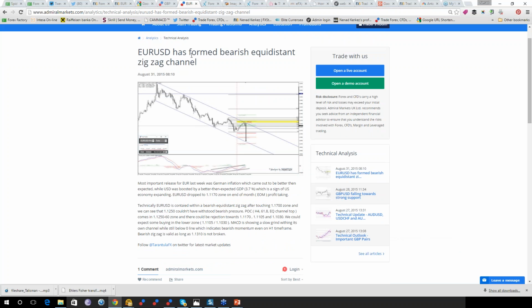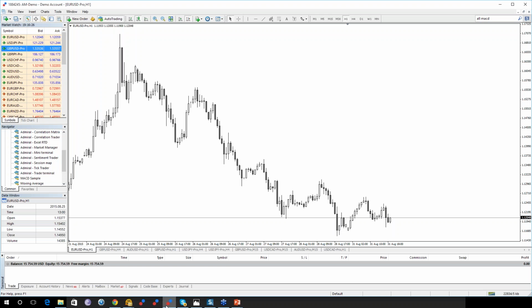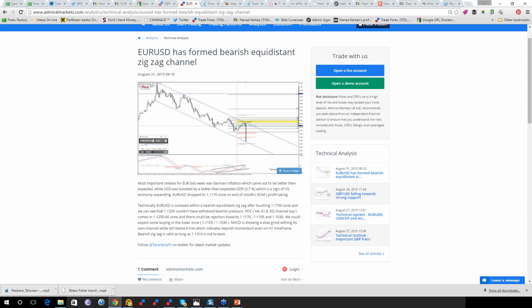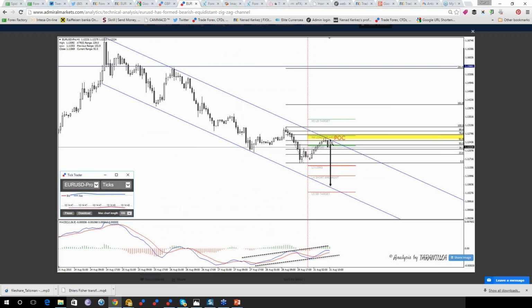So this was the analysis from today, and now we can see that the price is indeed rejecting the zone, and you can see that I told you that you can sell somewhere around this region. The price went here and then it went very close to our POC today.